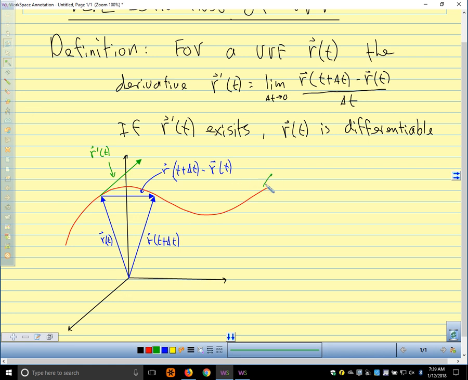Now the red line is the curve given by r of t. So this is exactly like we did with a scalar function. Just our curve is in 3 dimensions, and we're dealing with vectors.